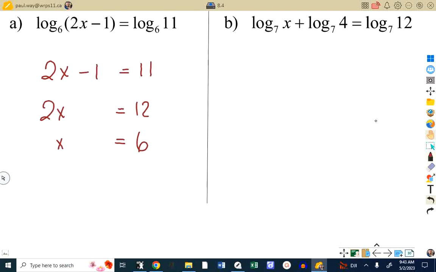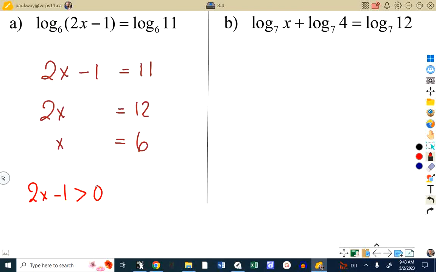If I look at the argument, and I have to go back to the original equation, the argument was 2x minus 1, and that has to be greater than 0. That's a fact. You cannot take the logarithm of 0, and you cannot take the logarithm of a negative number.